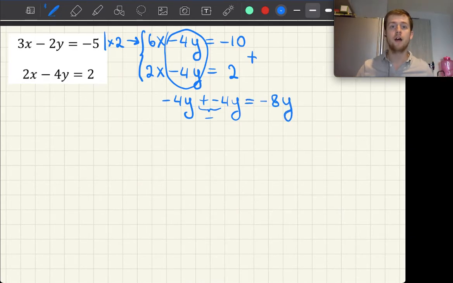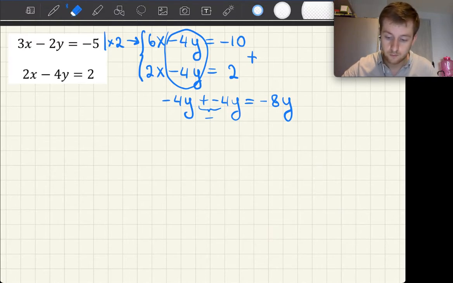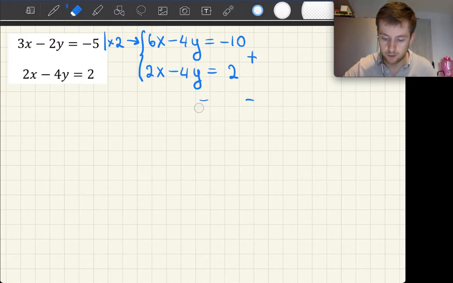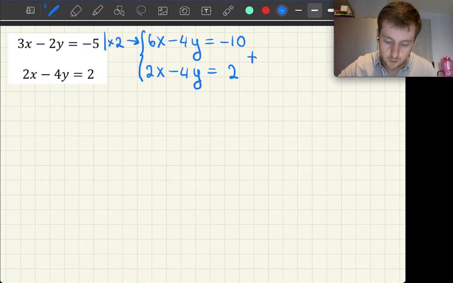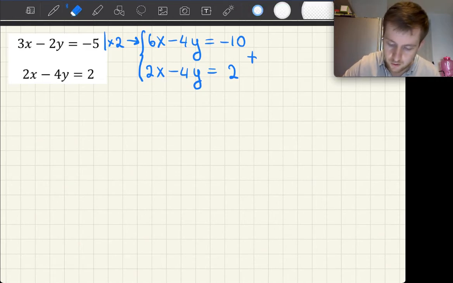So we don't eliminate y by adding them. We actually create more y's. Instead of minus 4y, now we have minus 8y. So does it help? Nope. So let's do something else. Let's subtract them. So I'm going to delete this all. What happens if we subtract them instead of adding them together?